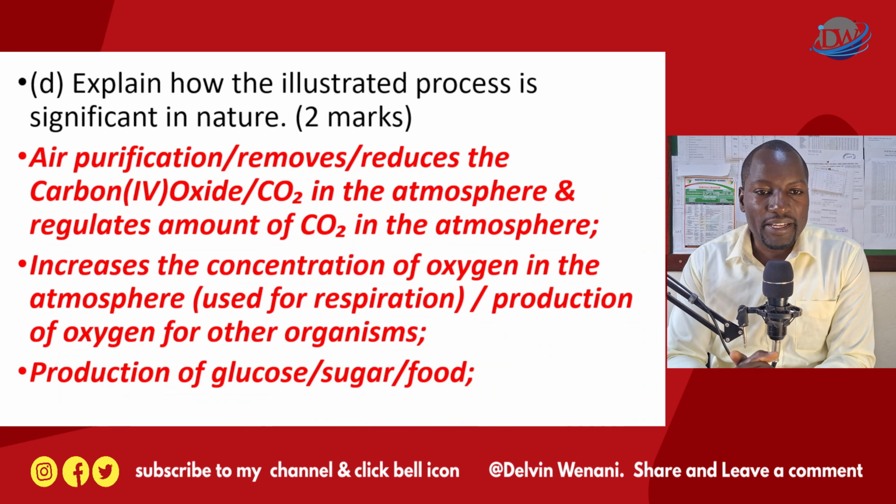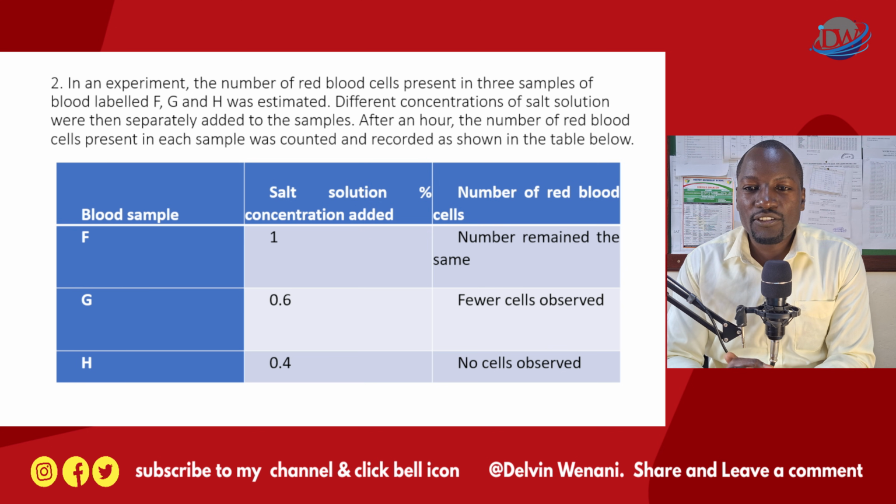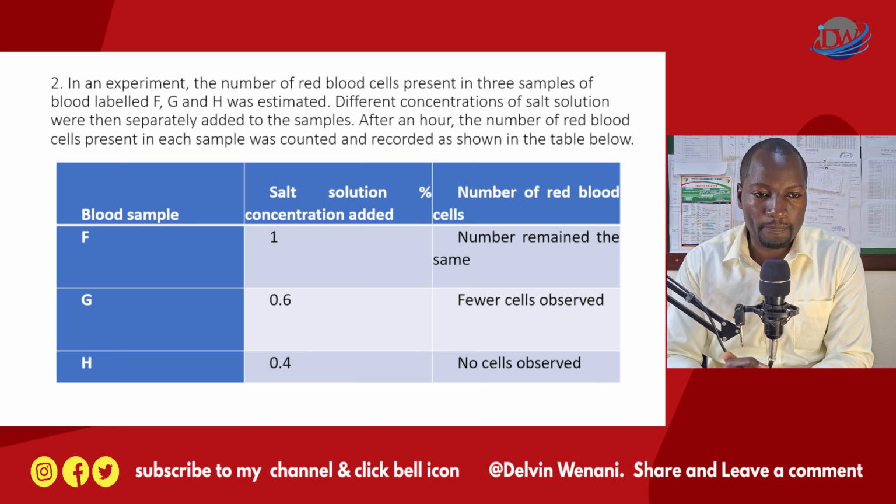Now, question number 2. In an experiment, the number of red blood cells present in 3 samples of blood labeled F, G, and H was estimated. Different salt concentrations were then separately added to the samples. After an hour, the number of red blood cells present in each sample was counted and recorded as shown in the table below.